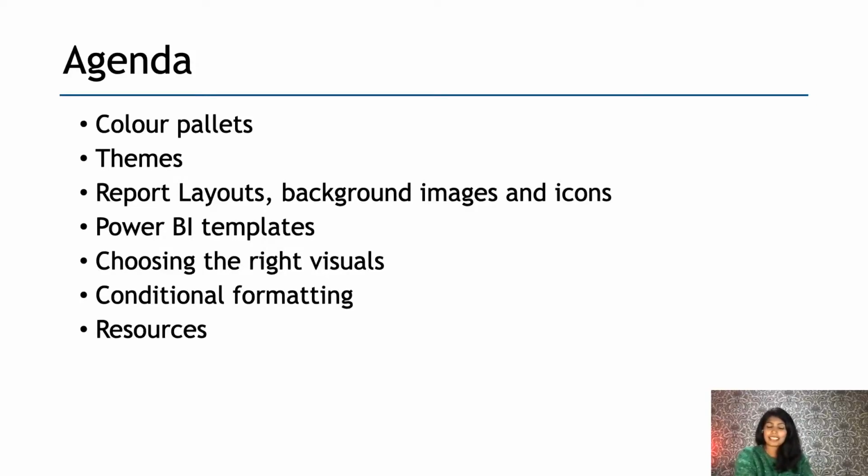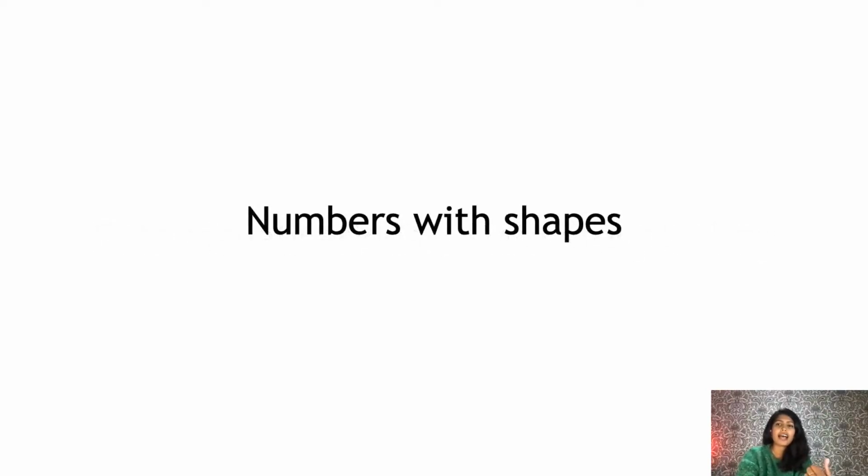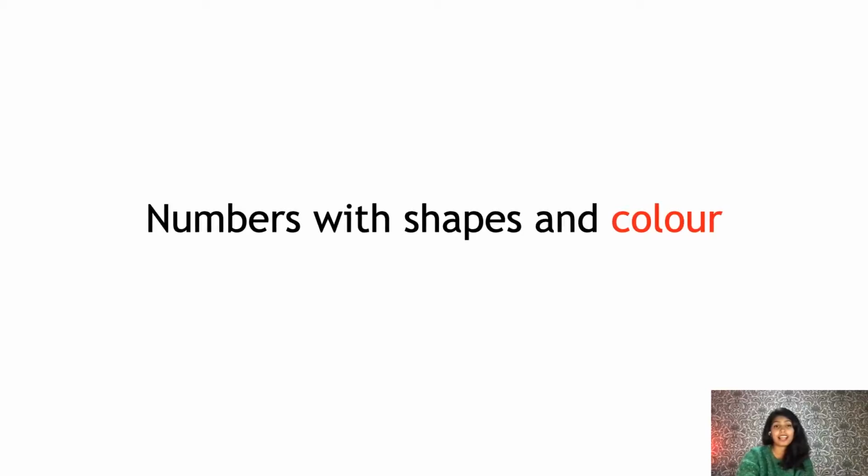So let's get into the first topic, which is color. Whenever we talk about data visualizations or data storytelling, we basically talk about numbers with shapes. And we forget, or probably don't talk much about, something which is very important, and that is color.